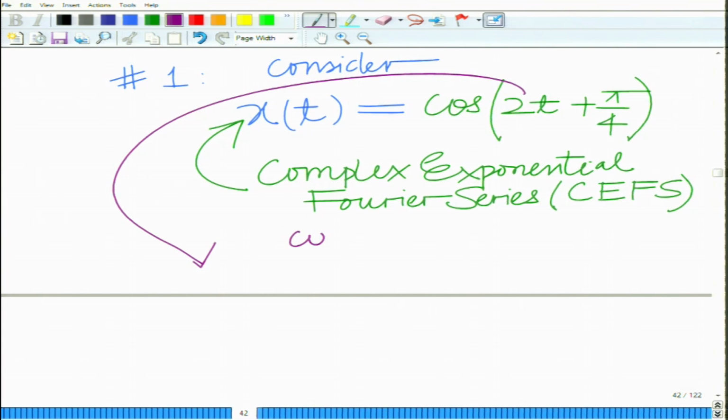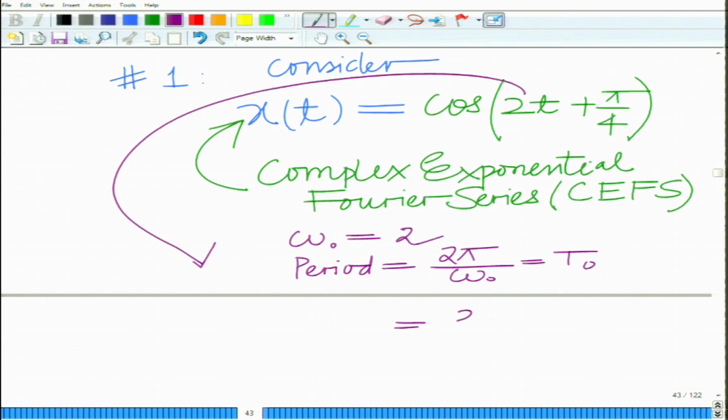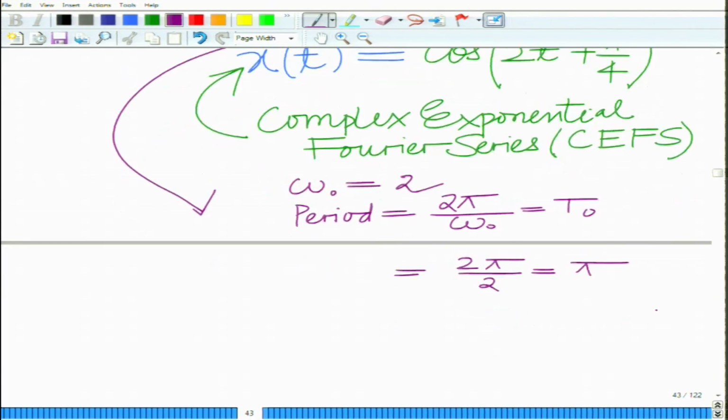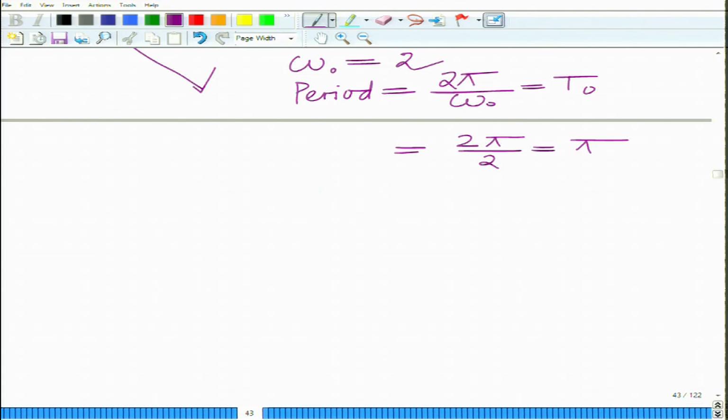So, omega naught equals 2, which means the fundamental period equals 2 pi by omega naught, that is T naught, which is equal to 2 pi by 2, which is equal to pi, and omega naught equals 2.